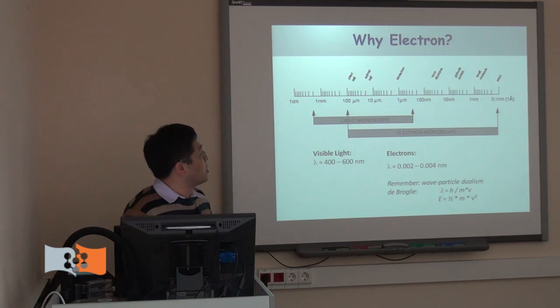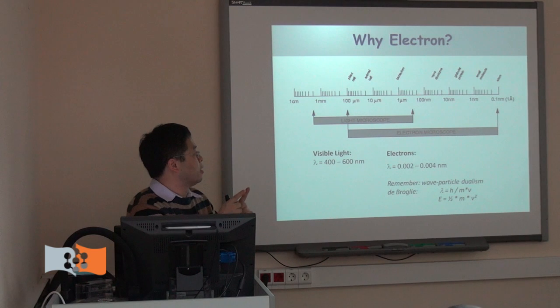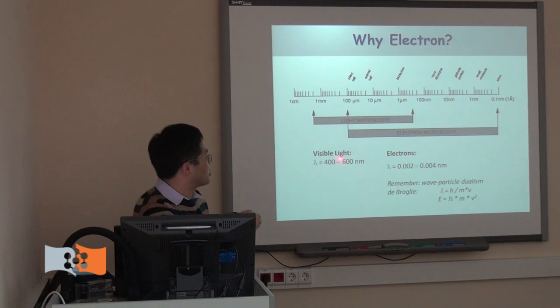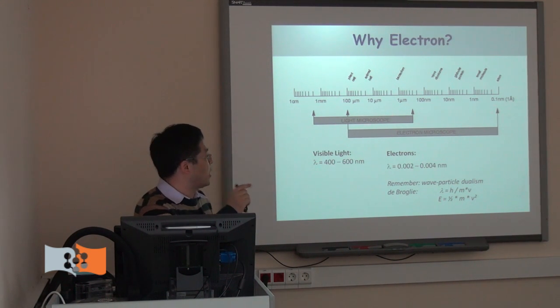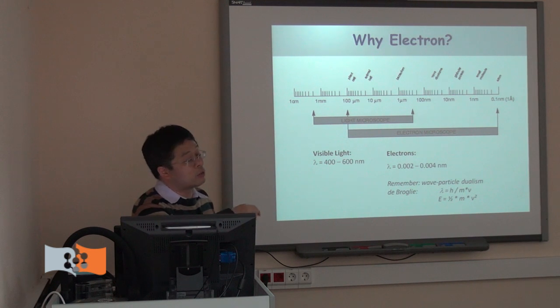So why do we use electrons? Because of the de Broglie principle. The limit of what you can resolve with light is half the wavelength of the light you use. The wavelength of visible light is around 400 to 600 nanometers, so the resolution you can tell is half of that, around 200 nanometers.